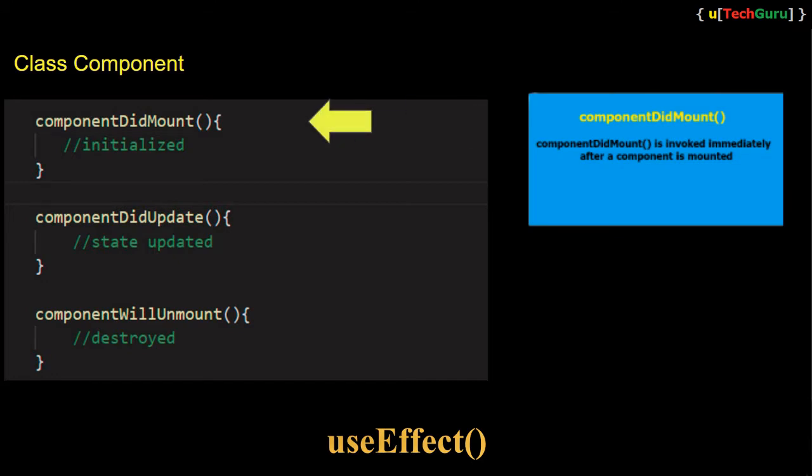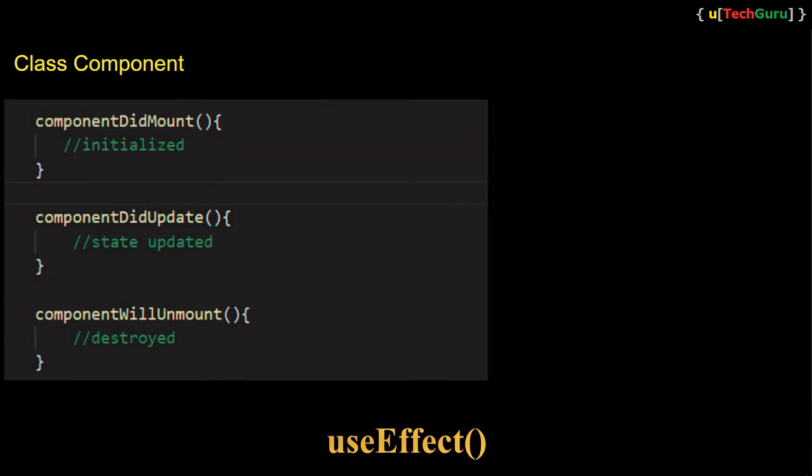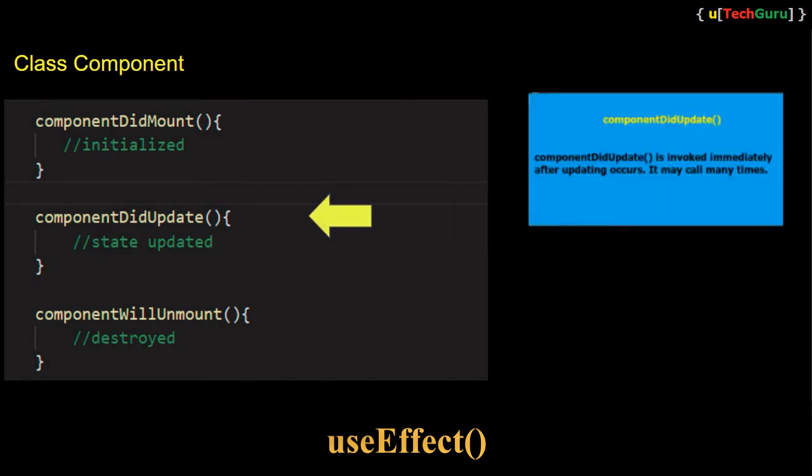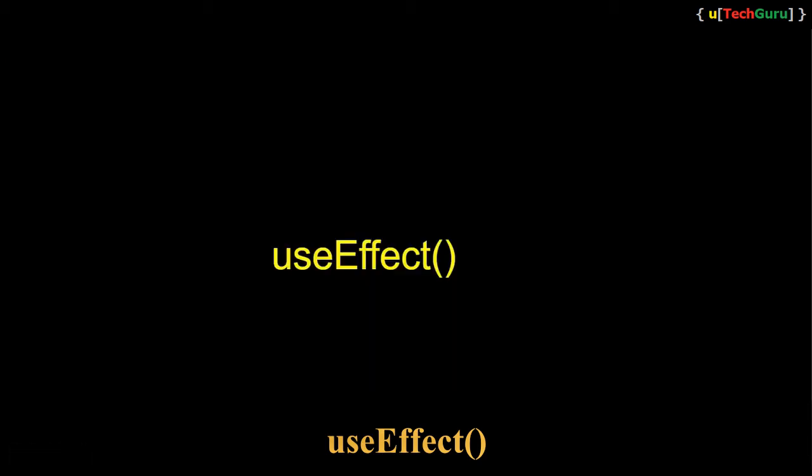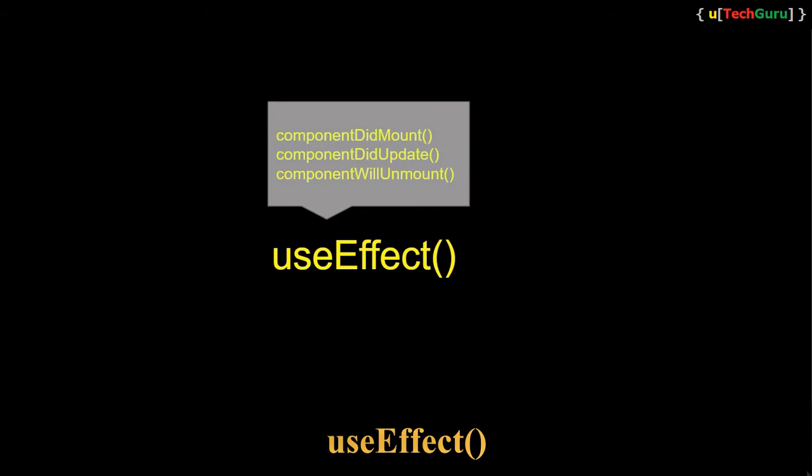The component mounts for the initialization of the UI, and it happens one time. Then the reactive data of the component is changed or updated. It can happen multiple times. Then finally at some point, when the component is removed from the UI or unmounted, component will unmount is called. After that, when React introduced hooks, the three lifecycle methods were compacted into one hook, and that is useEffect.